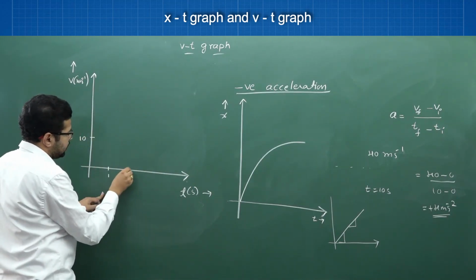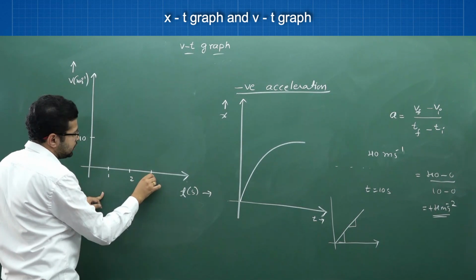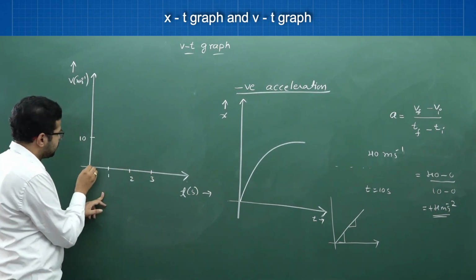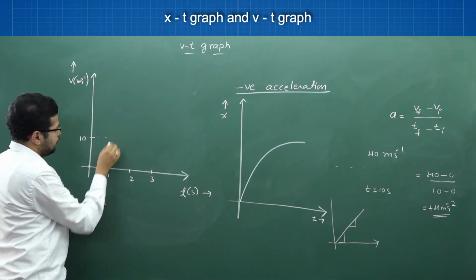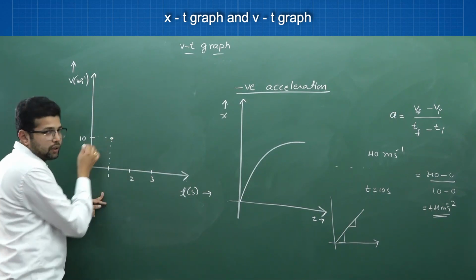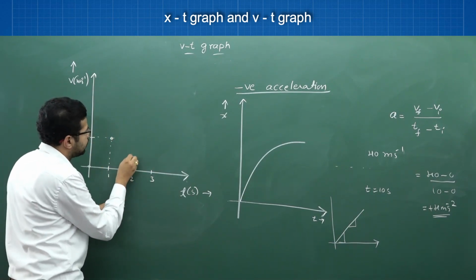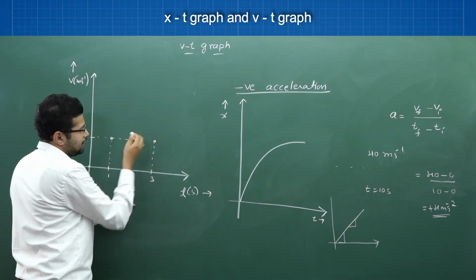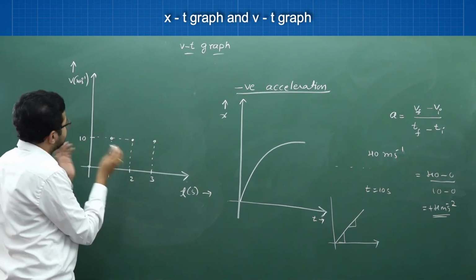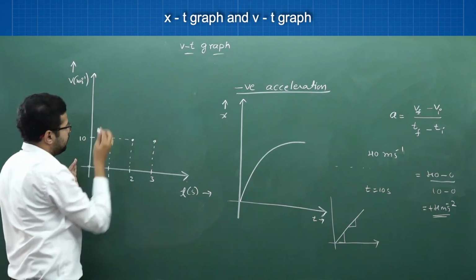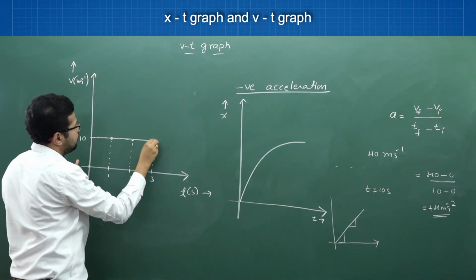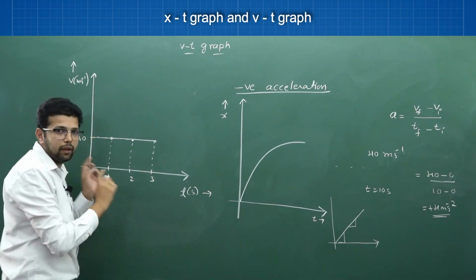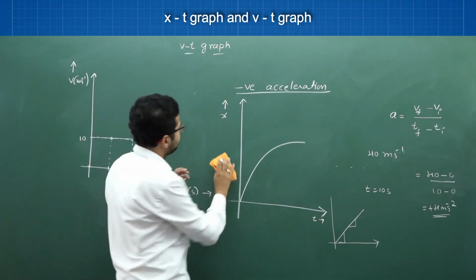So this becomes the velocity time graph for an object moving with uniform velocity, and this graph is parallel to the time axis.